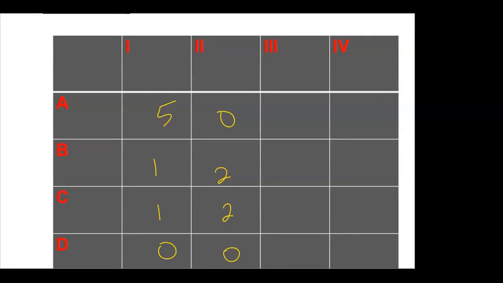And 0, 3, 1, 0. Then 0, 0, 0, 4. No, we are adding 1 to that 4. Sorry, 0, 0, 0, 5.